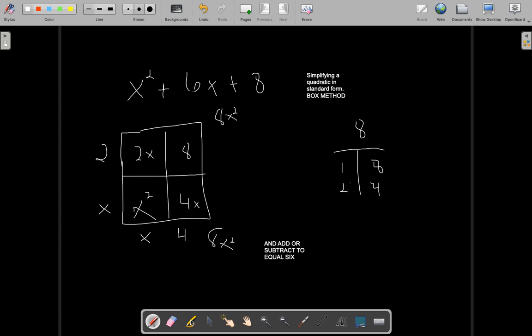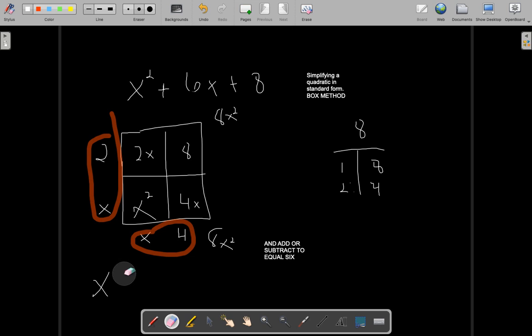So the two outsides are the simplified version of this. Here's one, and here's the second. Our final answer would be parentheses x plus 2, and the other one is x plus 4.